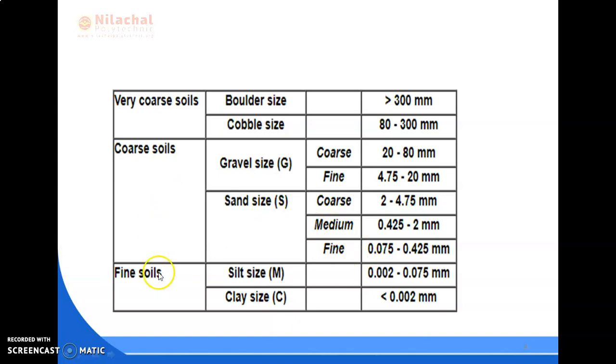And the last is the fine soils, divided into silt size.